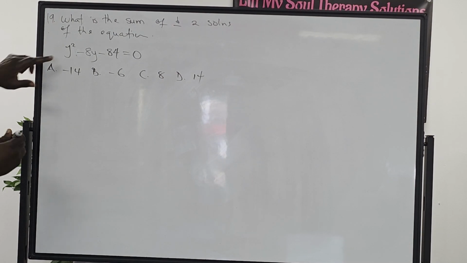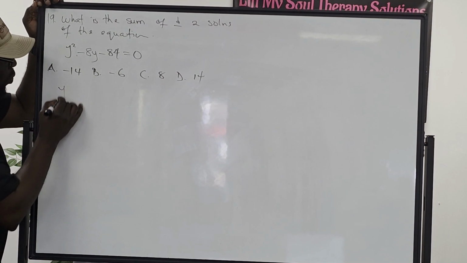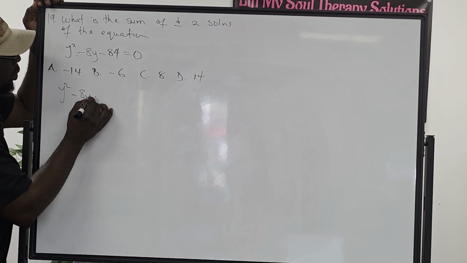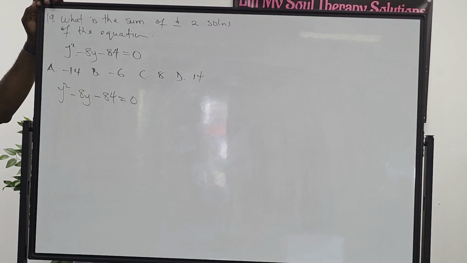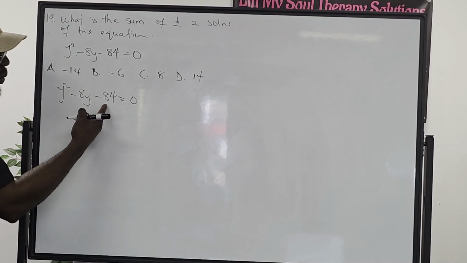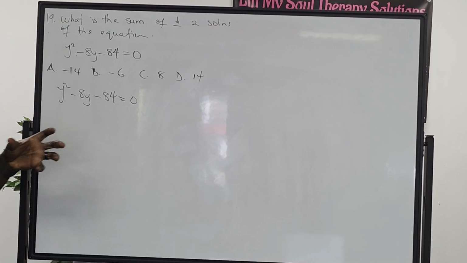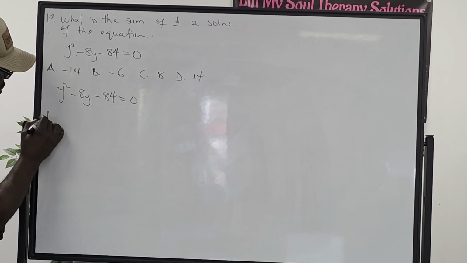The two solutions to y squared minus 8y minus 84 is equal to 0. So we're looking for two numbers that if we multiply them, will give us minus 84, and if we add them together, will give us minus 8.